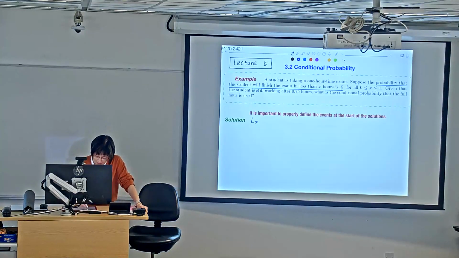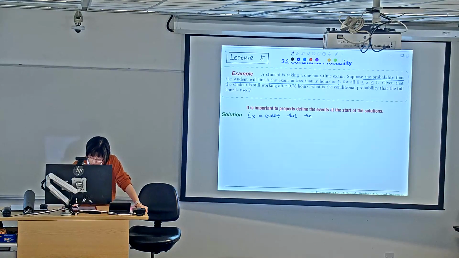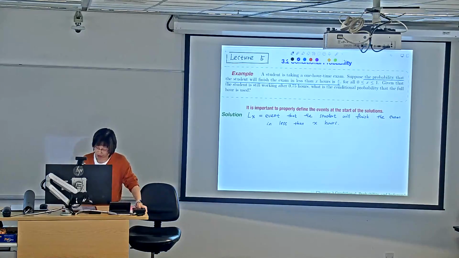L is the event that the student finishes the exam in less than x hours, and we are given the probability of this event, P(L_x) = x/2. Here x can be any value between 0 and 1.